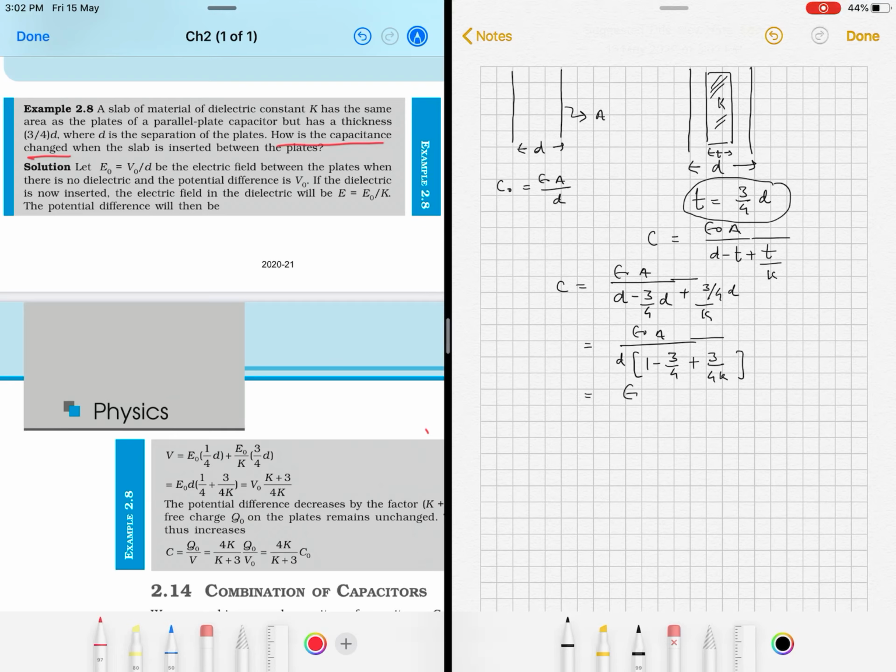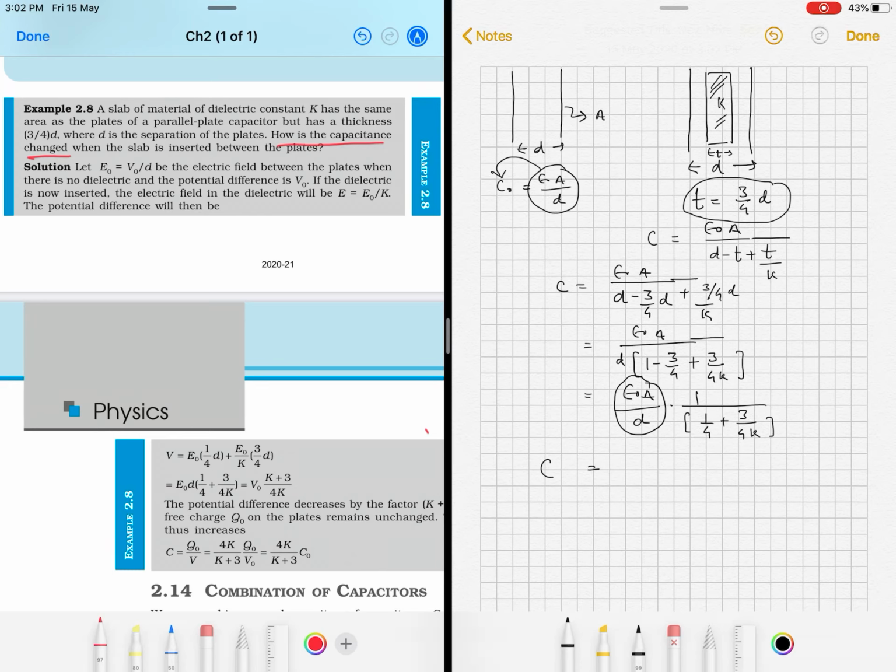So this is epsilon naught A by D into 1 upon 1 minus 3 by 4, which is 1 by 4, plus 3 upon 4K. And epsilon naught A by D is equal to C naught.